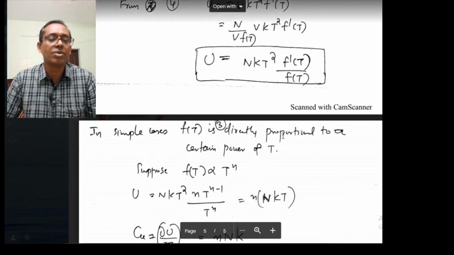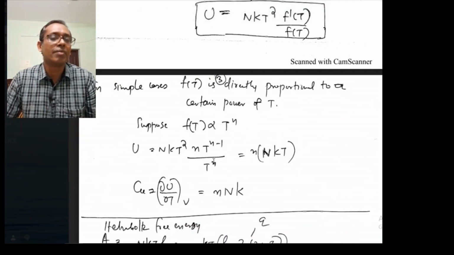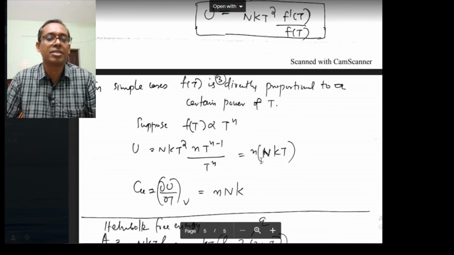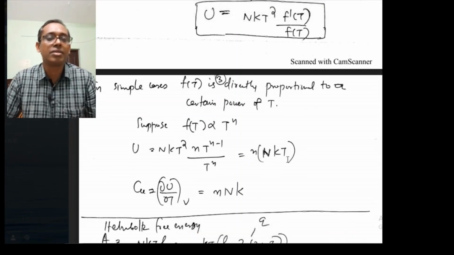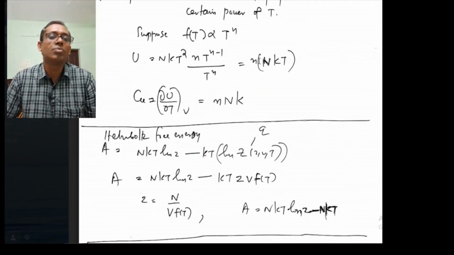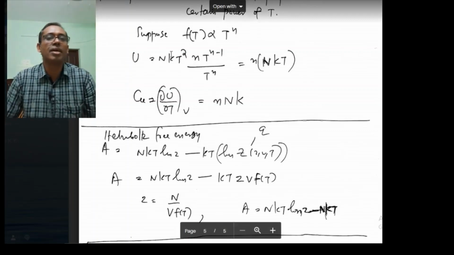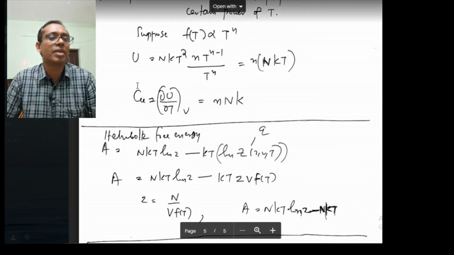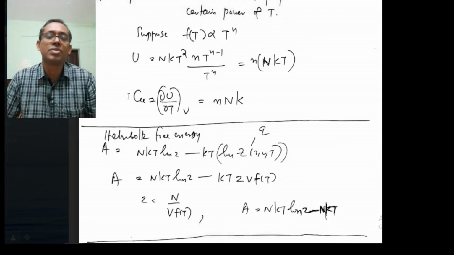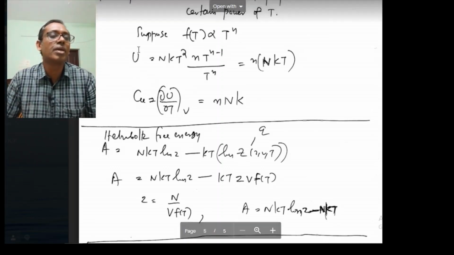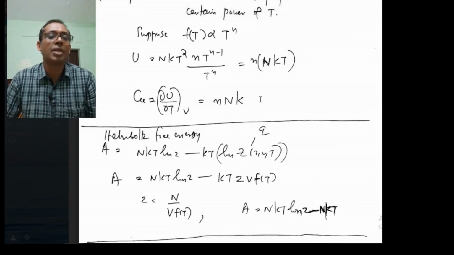So U is equal to this. When there are cancellations, I will finally get this as equal to nNkT. Small n times NkT, that is the average energy of the system. If I calculate the specific heat capacity at constant volume, I simply differentiate this with respect to temperature, so I will get small n times capital N k.